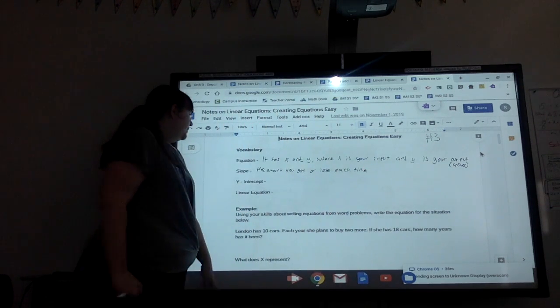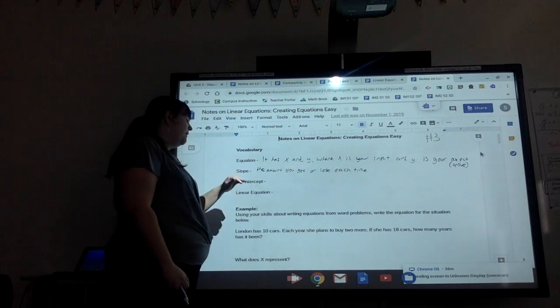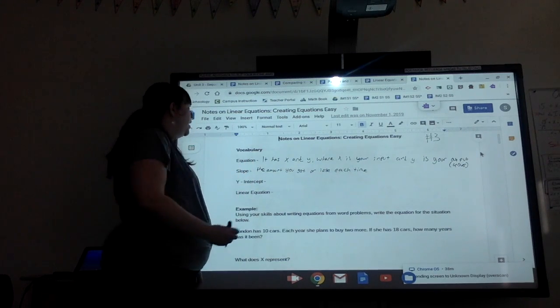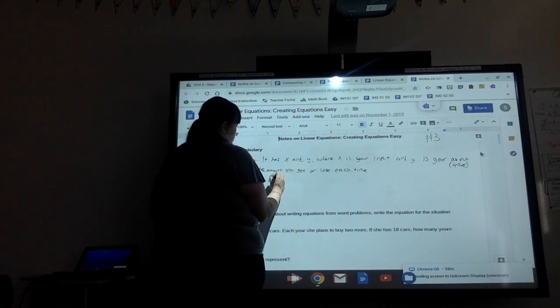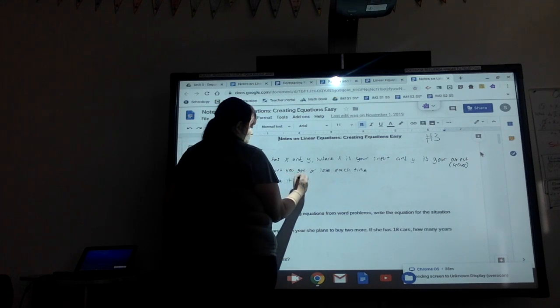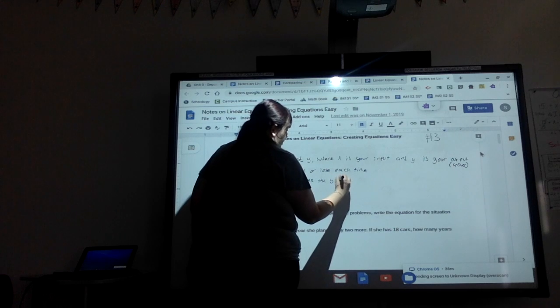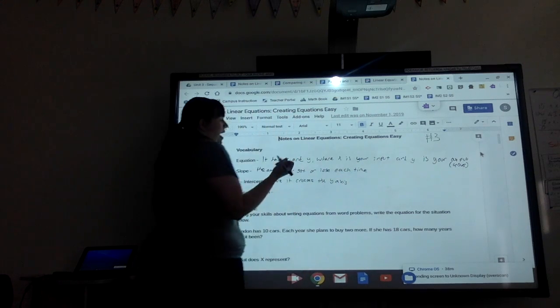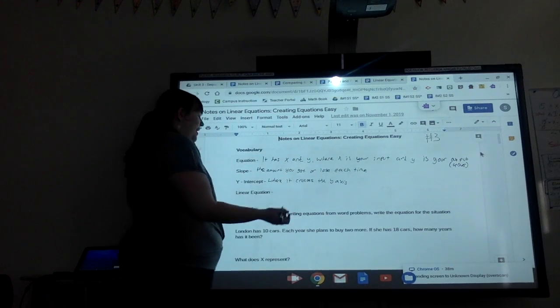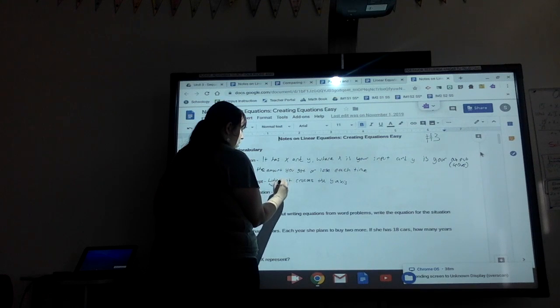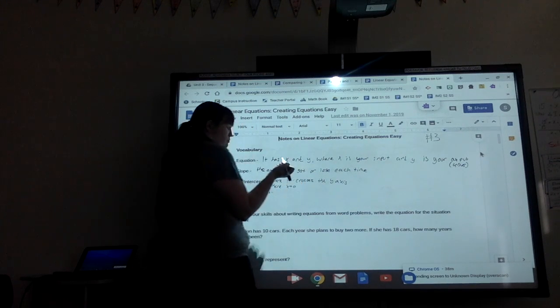All right. In linear equations, we also have y-intercepts. And y-intercept is where it crosses the y-axis in a graph. In a table, it's where x equals 0.